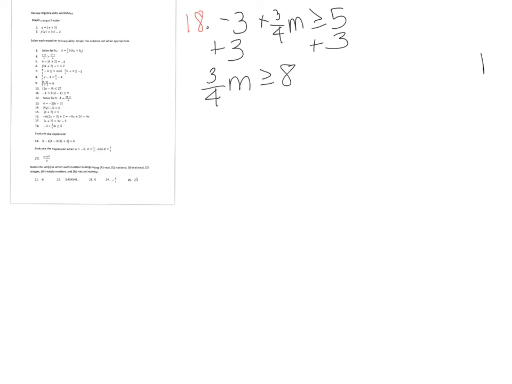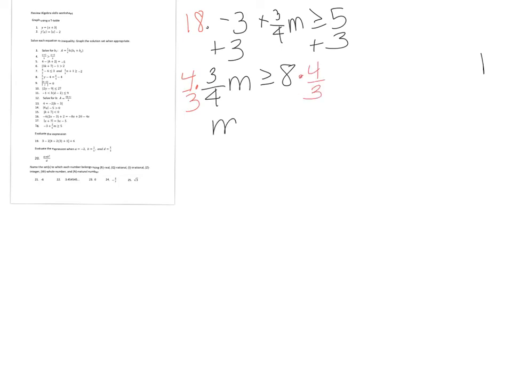Alright, and number 18, the last on this set of problems. Negative 3 plus 3/4 m greater than or equal to 5. We're going to add 3 to both sides. 3/4 m is greater than or equal to 8. Multiply by 4/3.